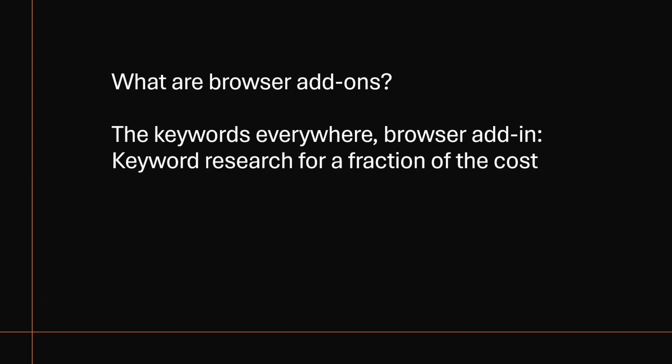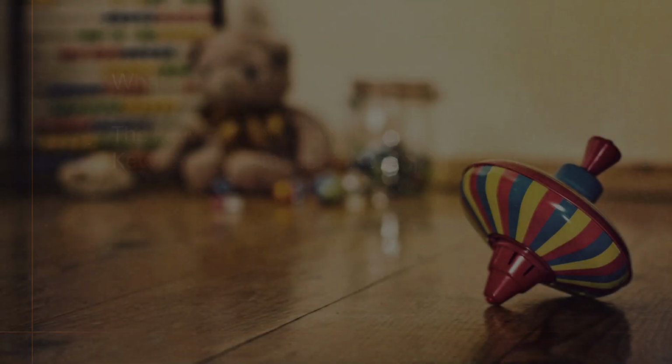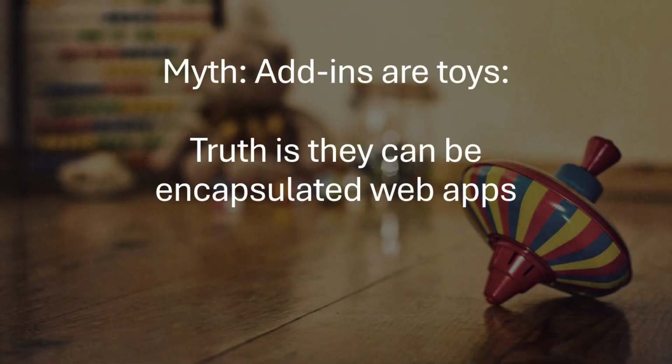It is keyword research for a fraction of the cost. Okay, myth. These add-ins are toys. Well, it may have some truth in the past, but now they can be encapsulated web applications. They can do a whole bunch of things that you only found in desktop software before.